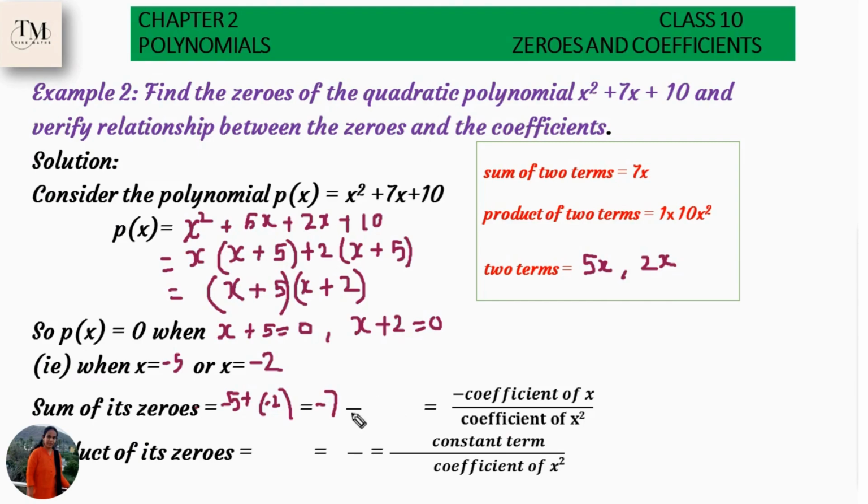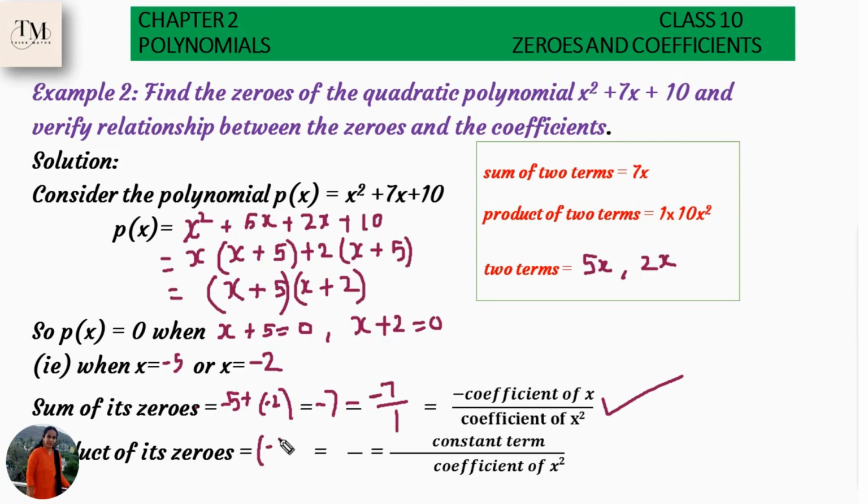This can be written as minus 7 divided by 1. Here 7 is the coefficient of x, and 1 is the coefficient of x square. So we proved that the sum of the zeros is equal to minus coefficient of x by coefficient of x square.